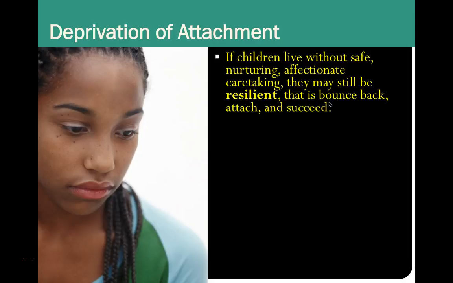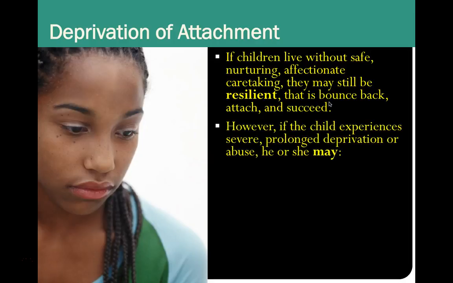They can overcome the lack of this kind of emotional bonding, positive bonding that's necessary in the form of attachment. Okay, but that's resilient children, and not all children are resilient.